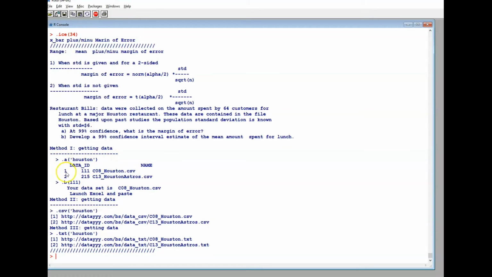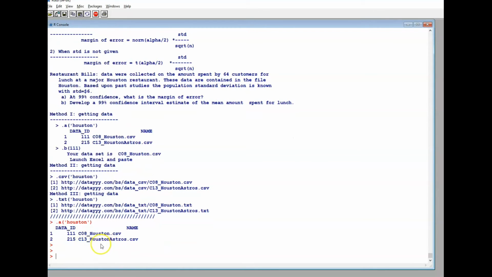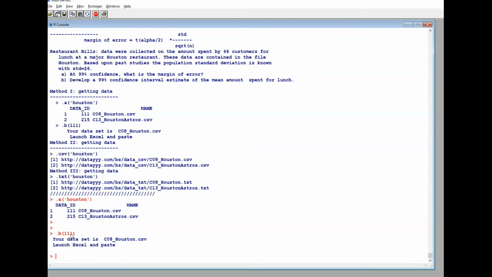Method one is much easier to get the data: simply type the Houston data set link. Houston is the keyword for the data set, and we are talking about this chapter, so the data ID is 111. Then launch Excel and paste it.